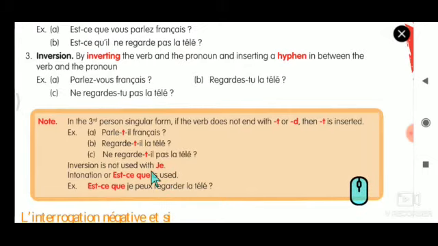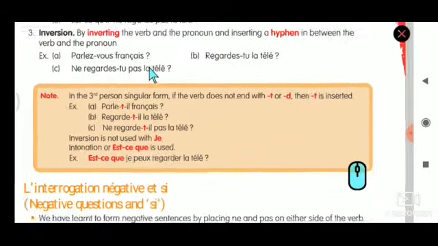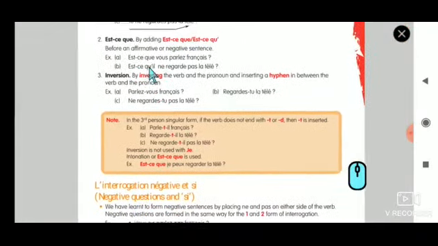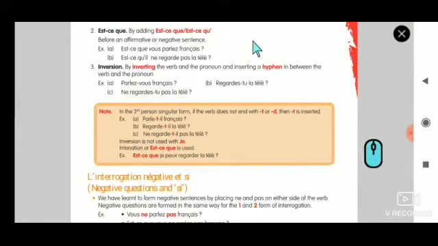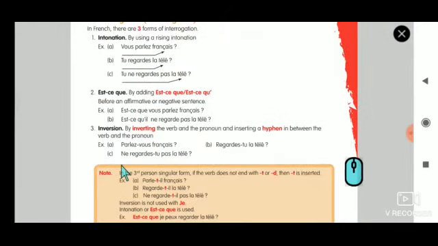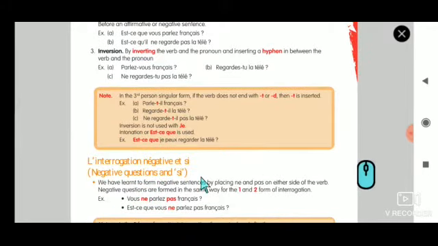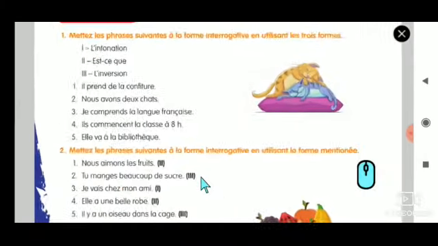So instead of type 3 you can use type 2, that is est-ce que. Now we'll see the second rule later. Now we will practice the exercise based on the first types 1, 2 and 3. This we will see after finishing the revision of that one.